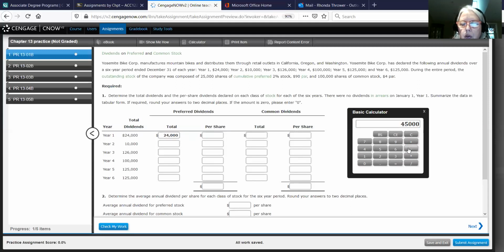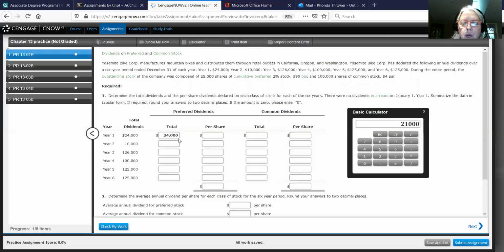So we're going to subtract $24,000 from the $45,000, and that tells you how much we still owe to our preferred stockholders next year before we declare any dividends. This $21,000 is what we call dividends in arrears.